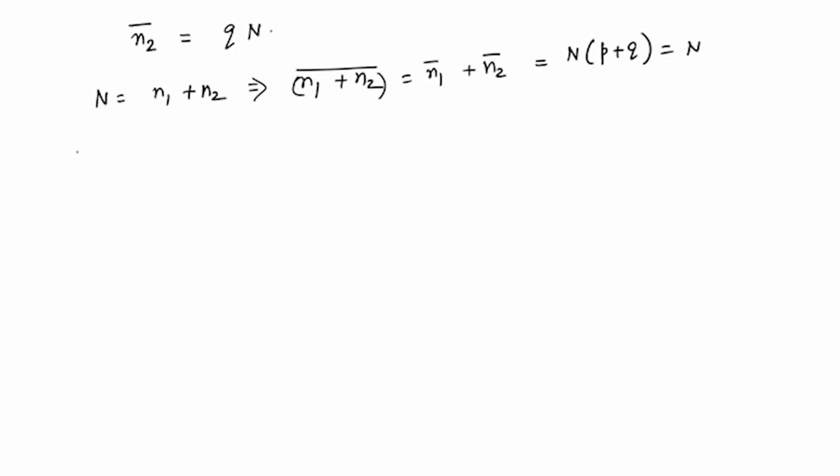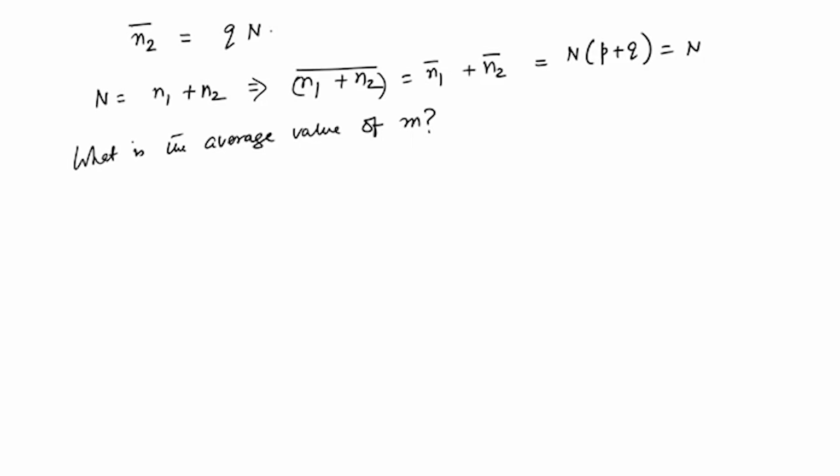Now, what is the average value of m? That is, what is the average value of the difference in n 1 and n 2, that is, whether he has taken more steps to the left than to the right, or vice versa.